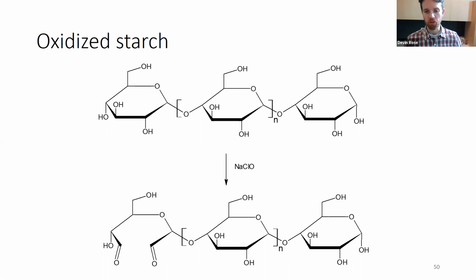The actual changes that occur are varied, but in general at carbons 2 and 3 we get some oxidation and also ring opening. So this is not a ring anymore. And we can get aldehydes forming, as I show here. We can also get carboxylic acids forming if we further oxidize these aldehydes.